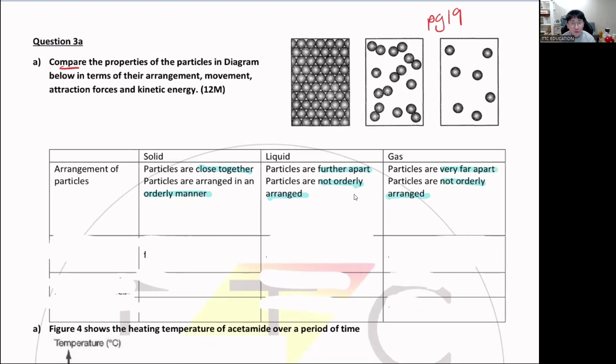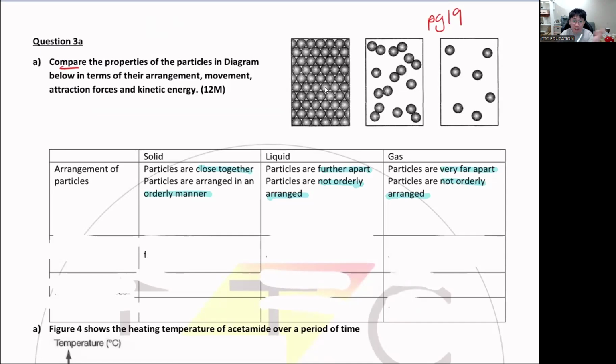Okay, then if I use the same idea, how do I go with the movement? How do solid particles move? Can they actually move? Cannot. But then you cannot say they have no movement. All they cannot do is flow, move far apart, this and that. But what we can say is they vibrate.